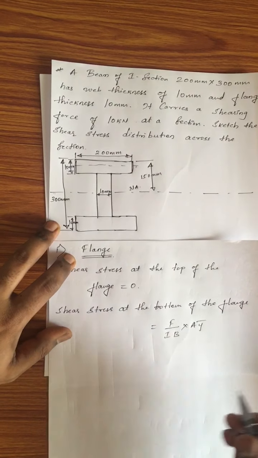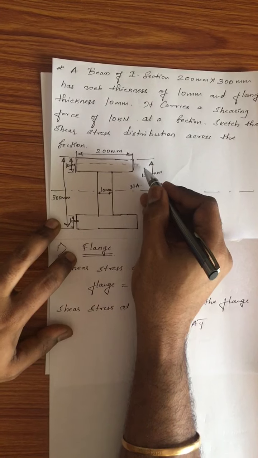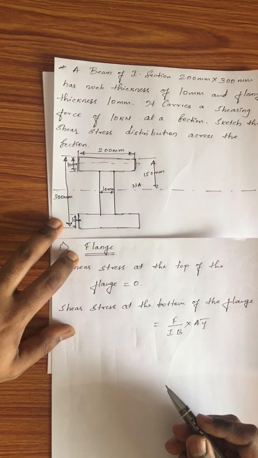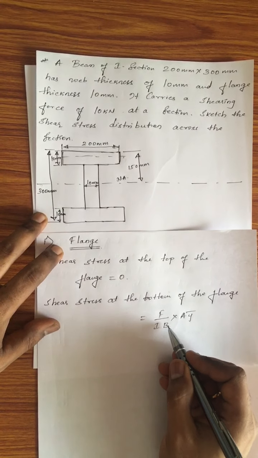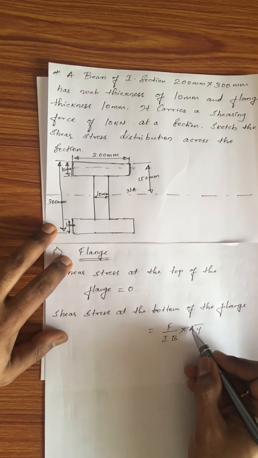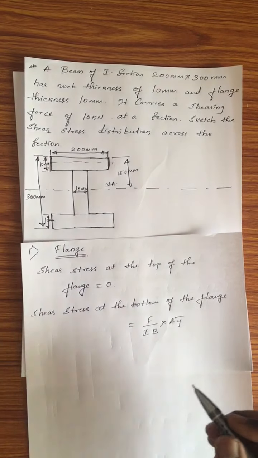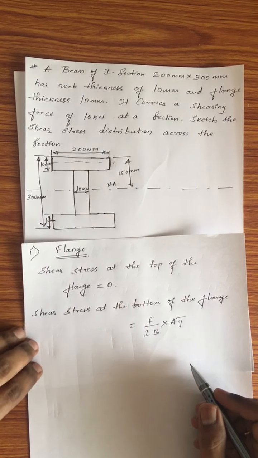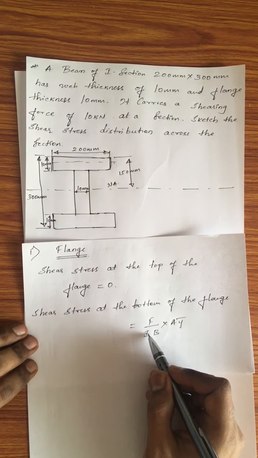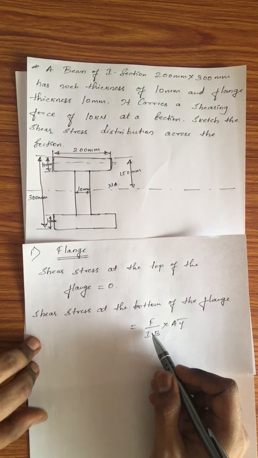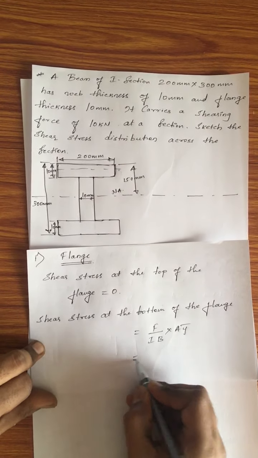That will be equal to 150 minus this 10 by 2, which is nothing but 145 mm. And this capital B is the width of the flange, which is 200 mm. Then capital A is the area of the flange, which is 200 into 10, and the thing which is remaining, I, is the area moment of inertia, which we just now found out. So I'll substitute the values here.